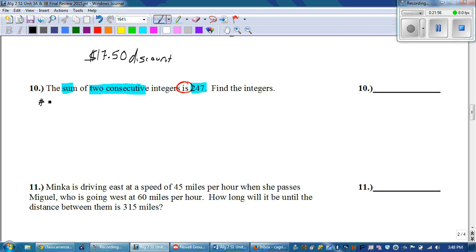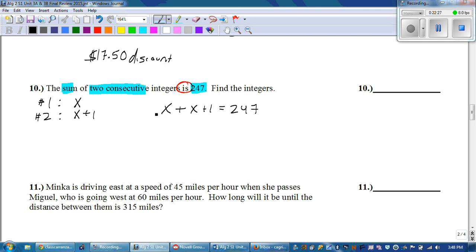So we're talking about 2 numbers, okay? And consecutive means one right after another. So if my first number is x, my next number is just going to be x plus 1. So my 2 consecutive integers, x and x plus 1, they equal 247.